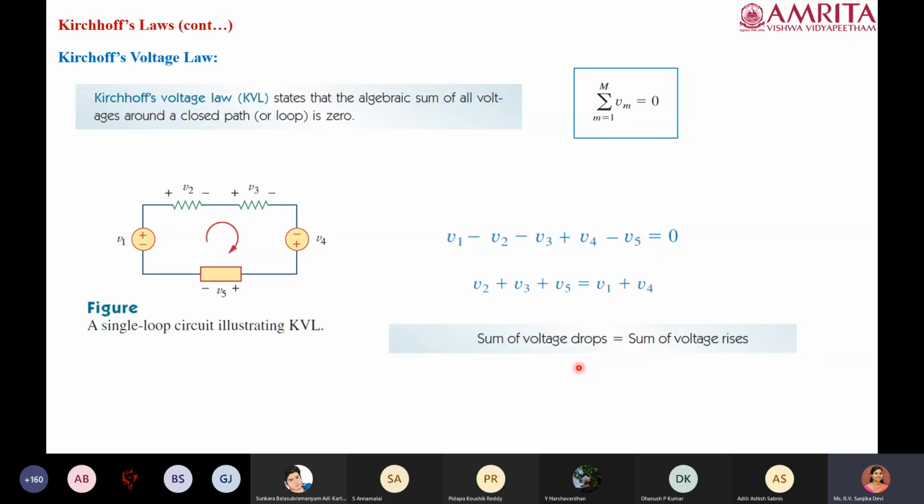So this is KVL. So we will also consider voltage sources in series with each other.